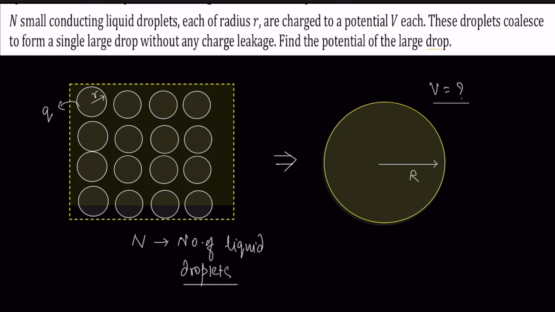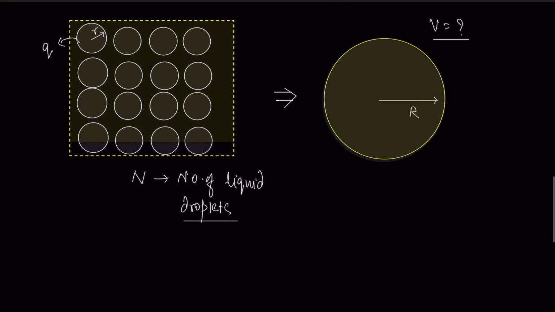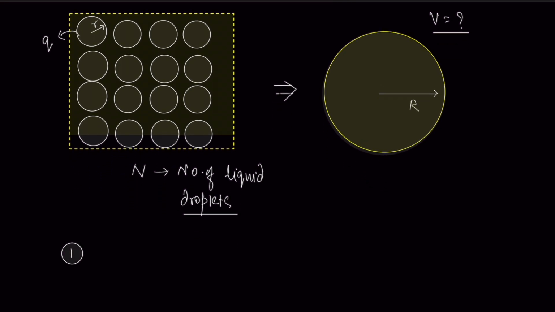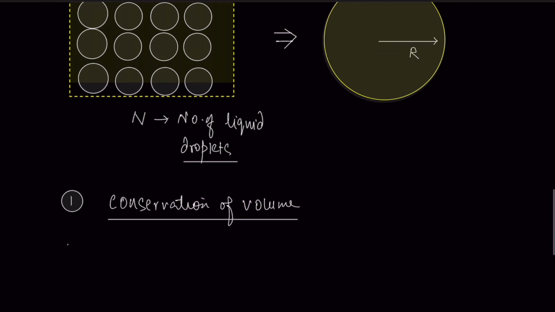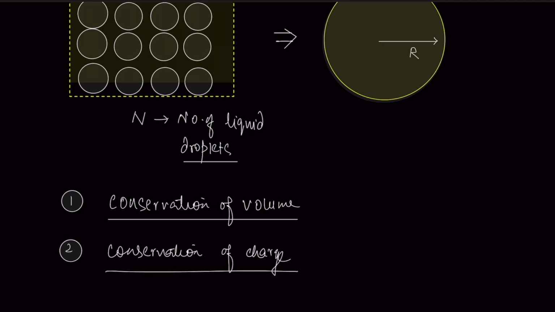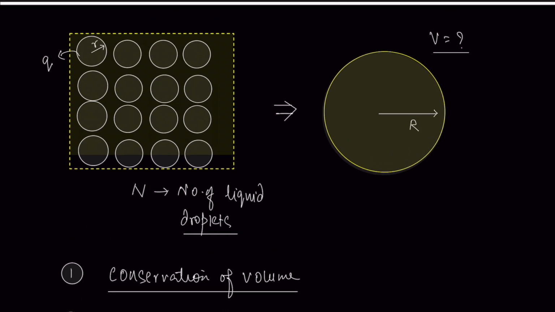To solve the question, we need to understand 2 points. First is the conservation of volume, and second is conservation of charge. Conservation of volume means the total volume of this large drop, let's assume it as V dash, is equal to the sum of the individual volumes of each of the liquid droplets.